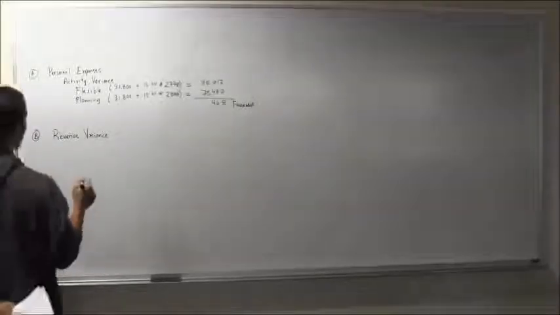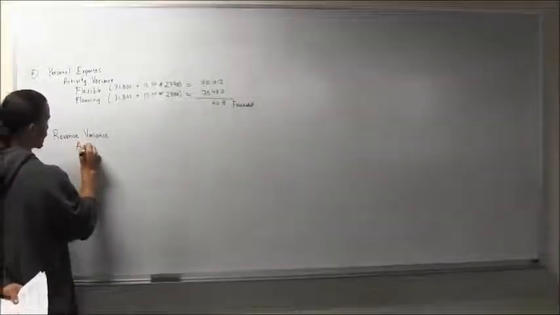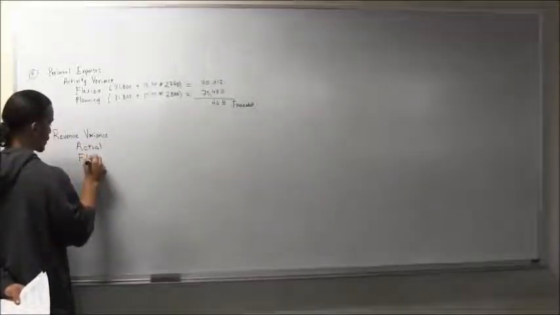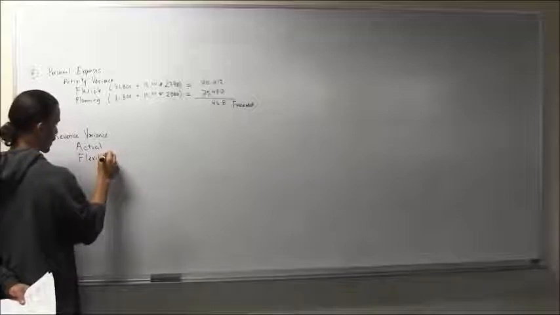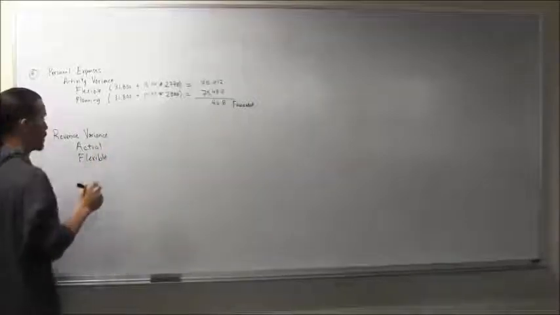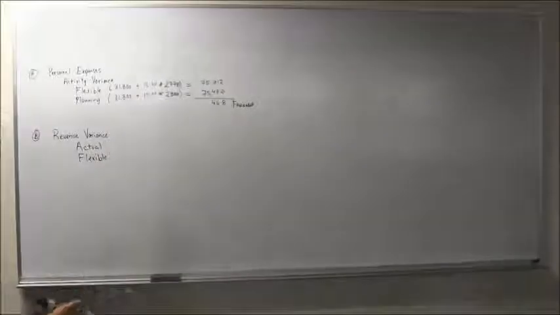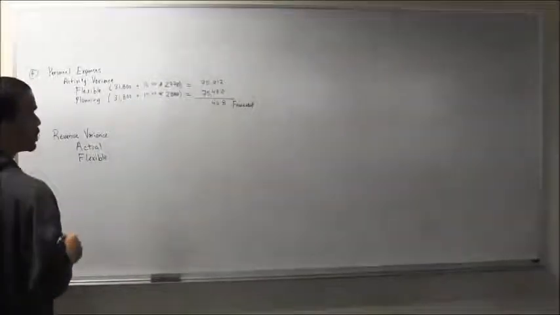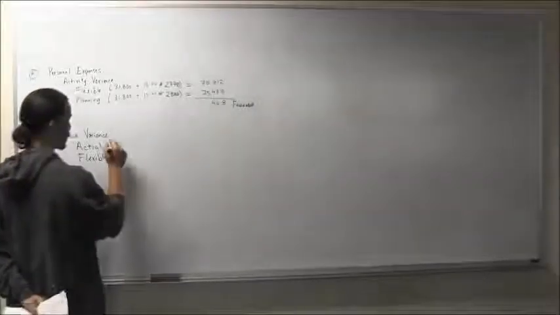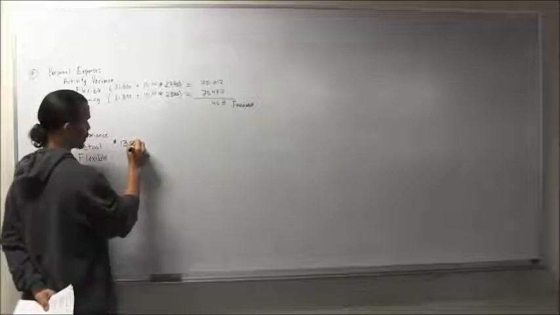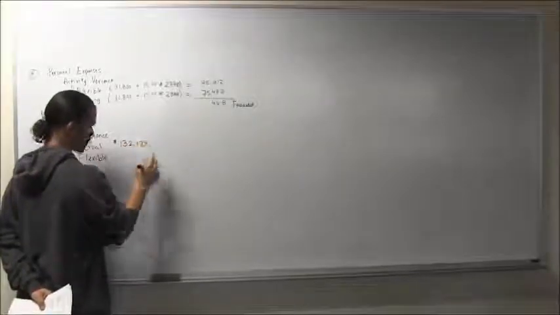So your revenue variance is the difference between your actual and your flexible. What was our actual revenue? 132,124. Okay, they gave it to us this time. We don't have to do any math. It is just 132,124.